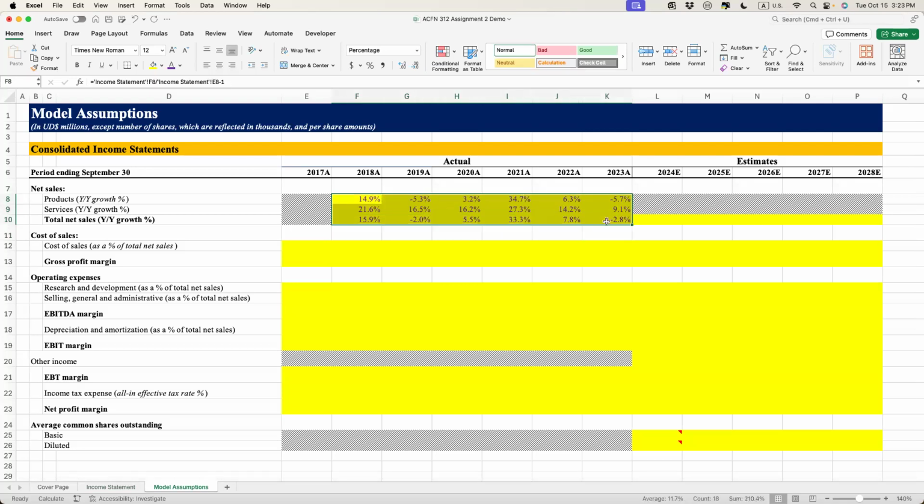The reason we're doing this step is that you can still find some guidance online. If the company provides guidance on their projections for the next several years of sales, you should use that directly because it comes directly from the company. Sometimes, or in most scenarios, we don't have guidance provided by the company. Then we need to find other resources and other financial analyst assumptions or projections for future sales.